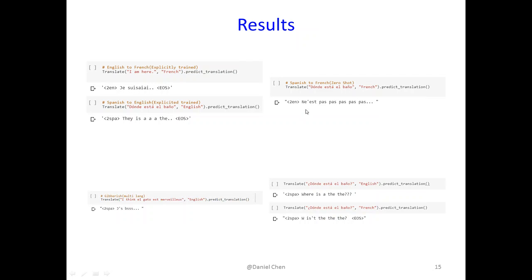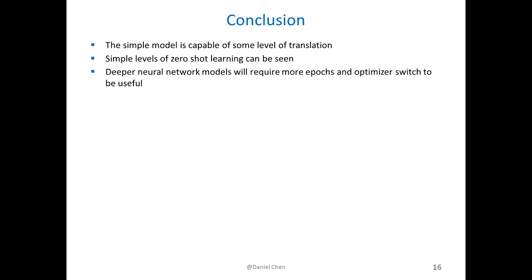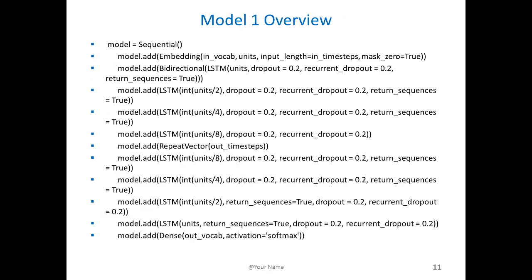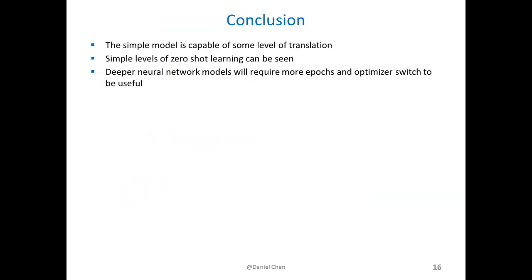It's not great at all, but it definitely knows it's French. So that is one thing, because I did not explicitly train Spanish to French. But for the earlier Model 1, the deep neural network model, this was only trained for 10 epochs. The translation was absolute garbage. It definitely has to be trained much more.